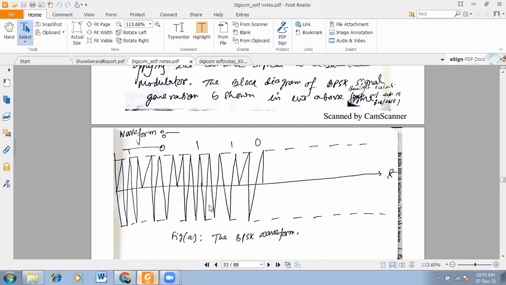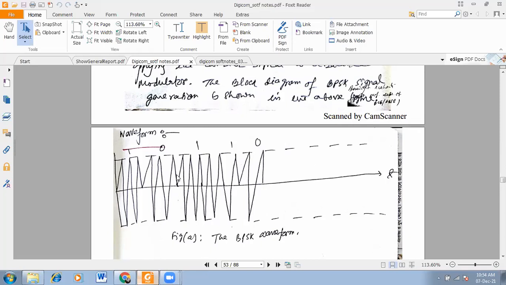It continues this way, no phase shift, because for 1 1 no transition is available. Now in the later case, see 1 0 is there, so there is also a 180 degree phase shift. So whenever there is 0 1 or 1 0, there must be a 180 degree phase shift. This is the BPSK waveform.